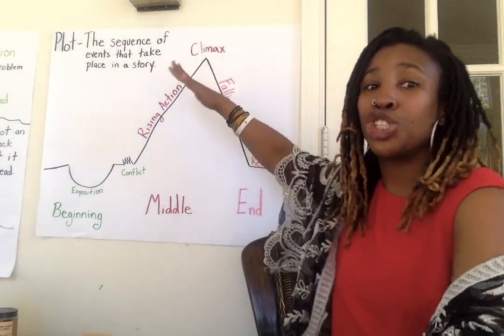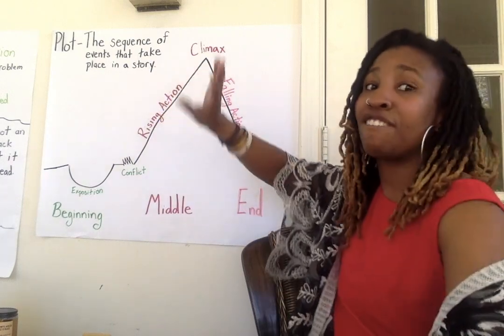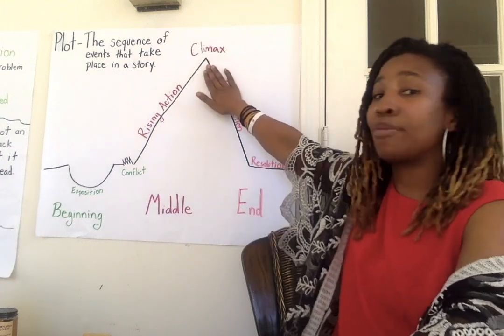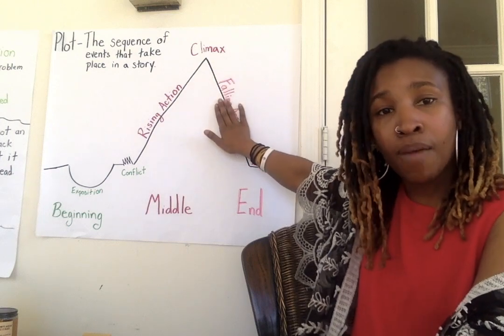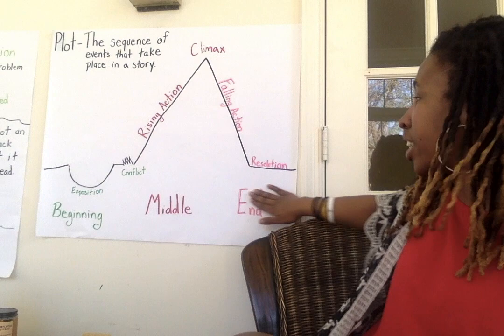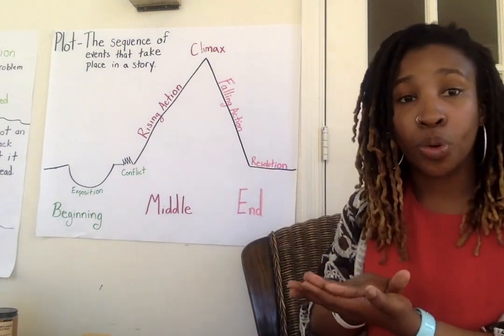We start seeing a change in characters. Maybe one character was one way, and then we see that flip, that change in who they are. And this happens in the falling action as the character is fixing the problem, as the loose ends are being tied up, and then we get to our resolution, which is just the way that we end our story.